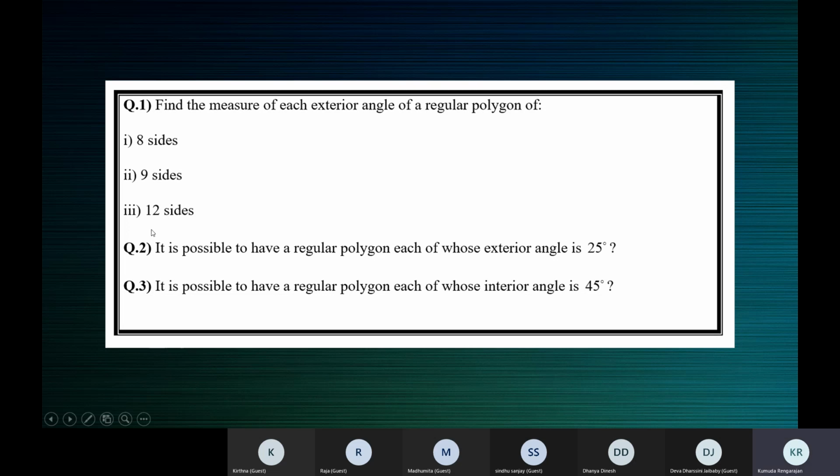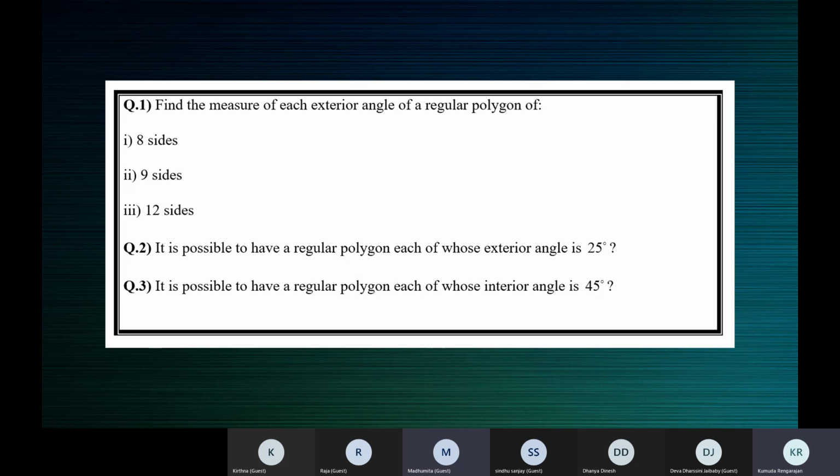We're discussing the third one. So for this one, I want to know the measure of each interior angle. Ma'am, 1800.